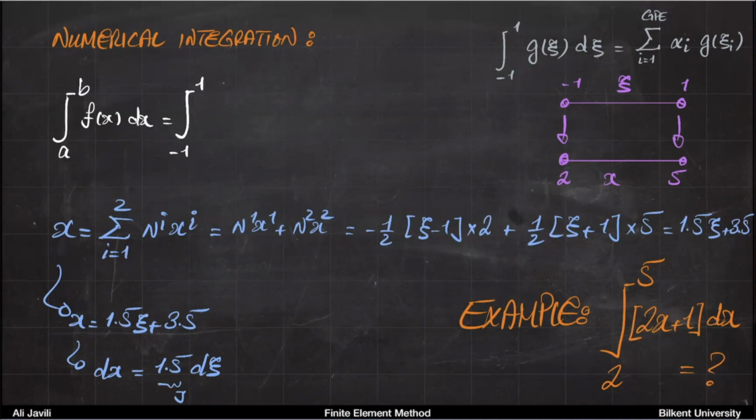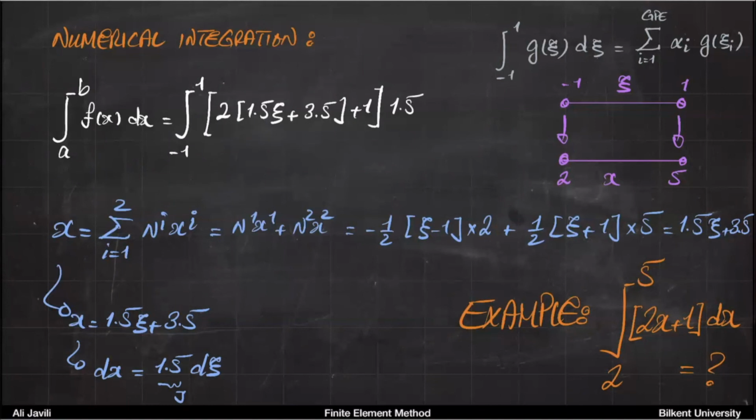Instead of f of x, you would put 2 times, it's still 2x plus 1, but instead of x, you use this function. So you would put the x function, which is 1/2 c plus 3/2, plus 1. So this would be now your big integral that you had. And then instead of dx, you have 1/2 dc.